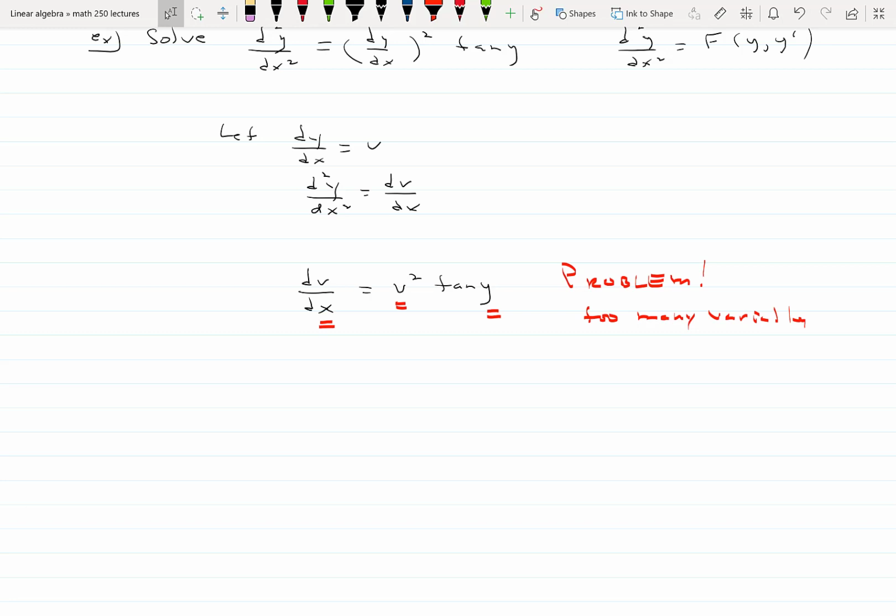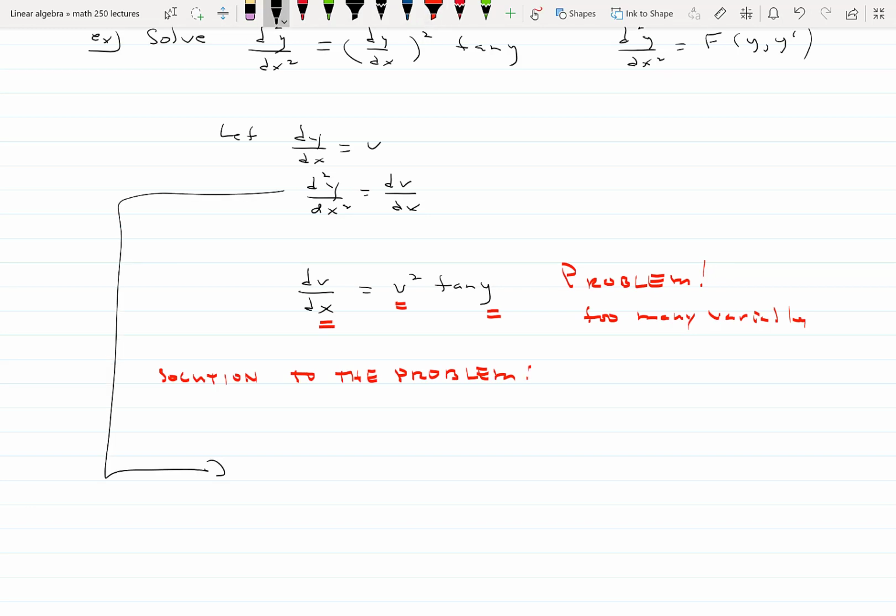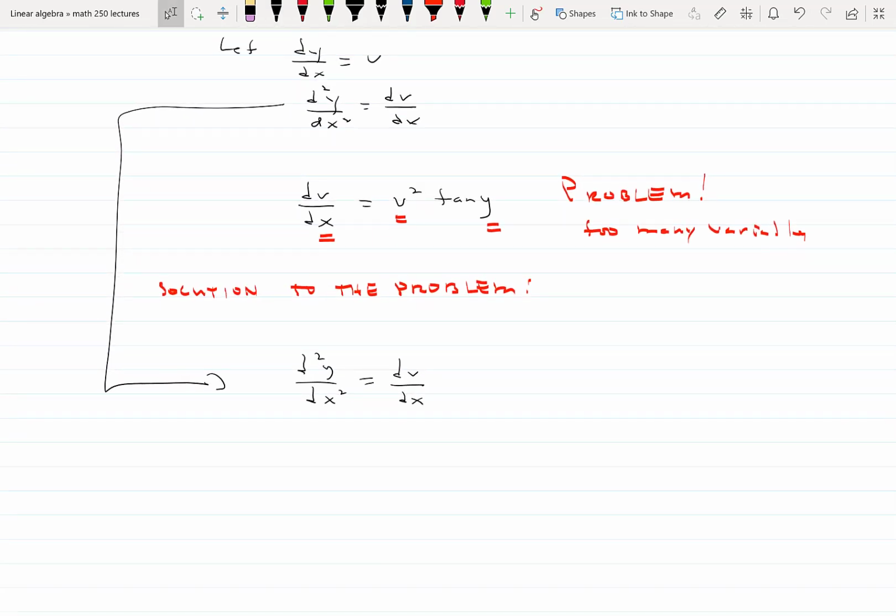Okay, so how do we get around the problem? The solution to the problem is a very clever one. Well, let's go back to d squared y over dx squared. We're still going to make the same substitution. dy dx is v. But d squared y over dx squared is still dv dx, and that x is a problem because it contributes to having three variables, and we really have to have only two.